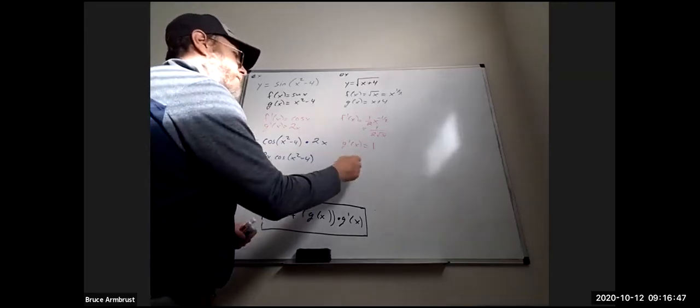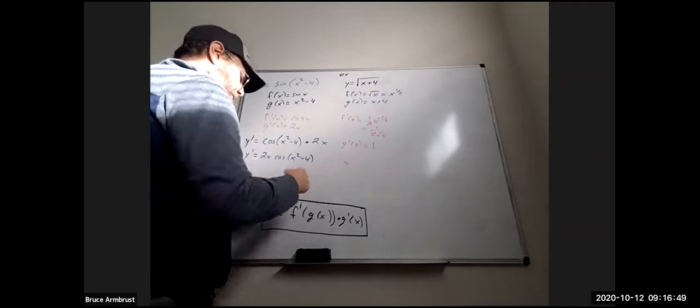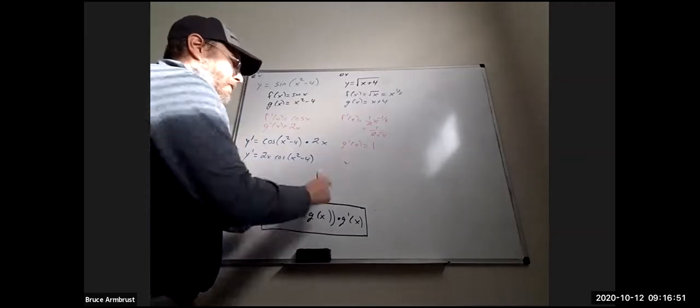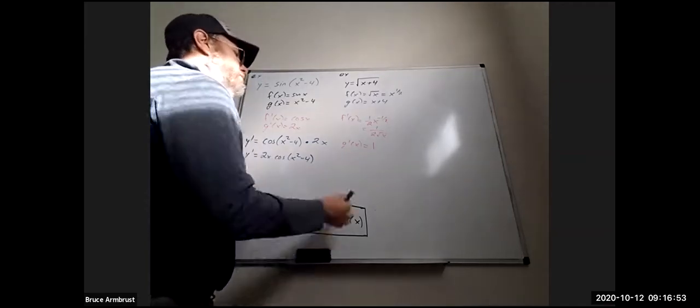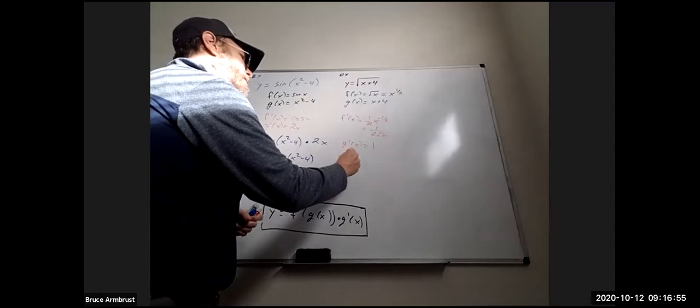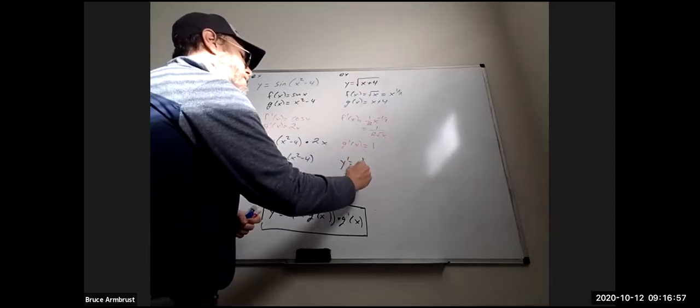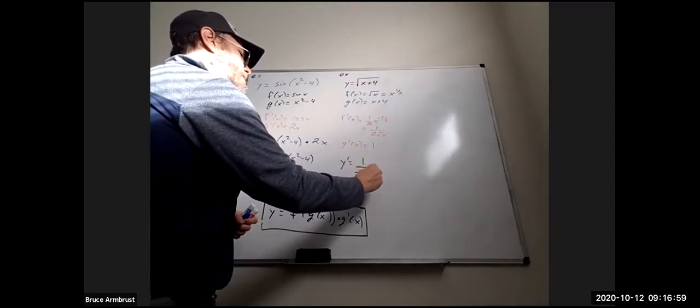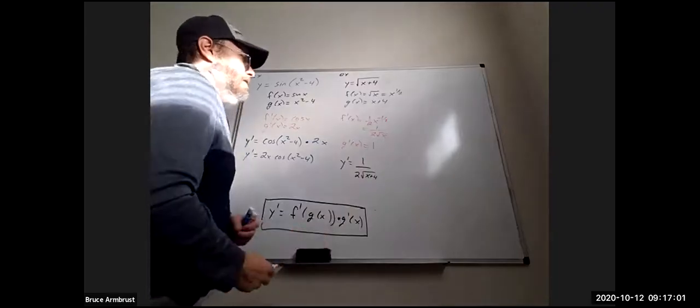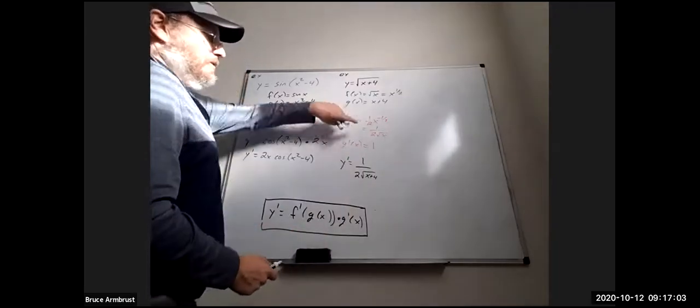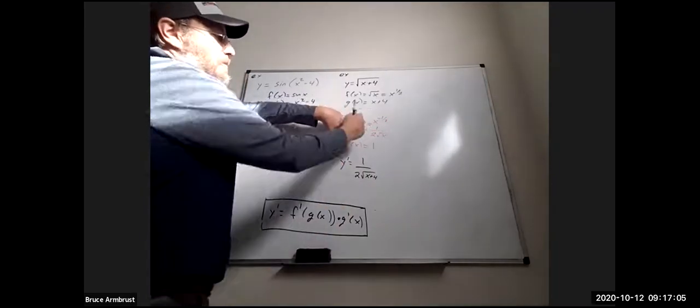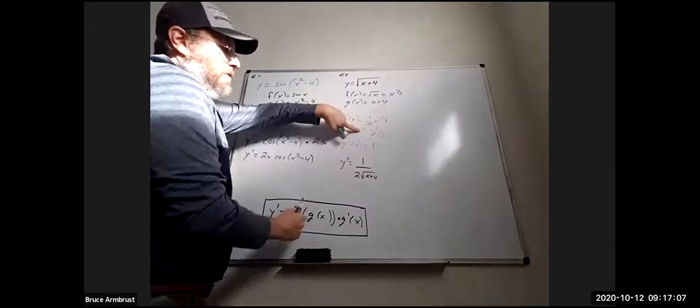All right, so now we're ready to put this together to get our y prime. Using the chain rule, y prime is going to be 1 over 2 square roots of x plus 4. I'm taking the derivative of that outer function, but I'm putting in the x plus 4.